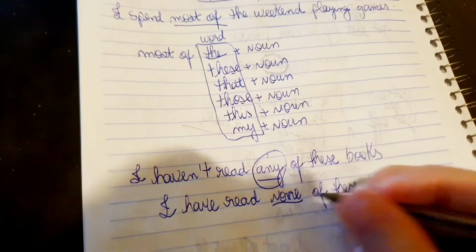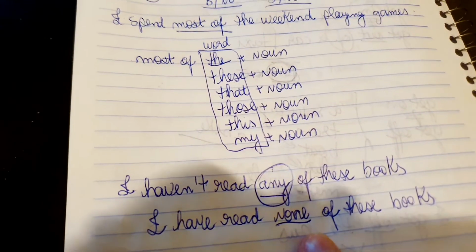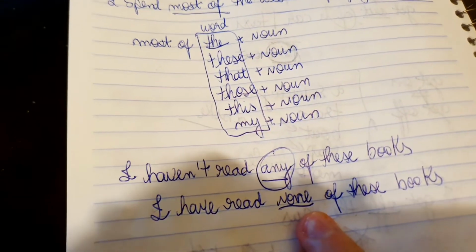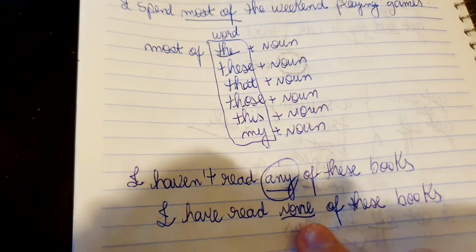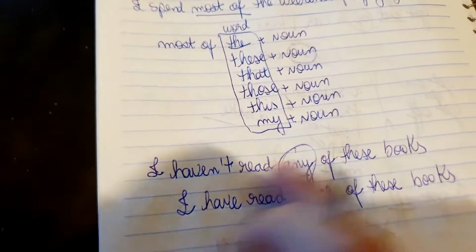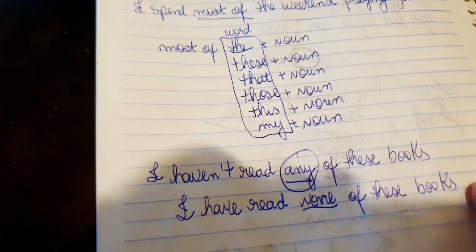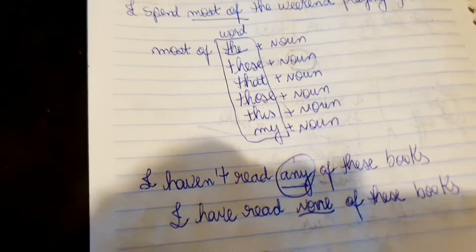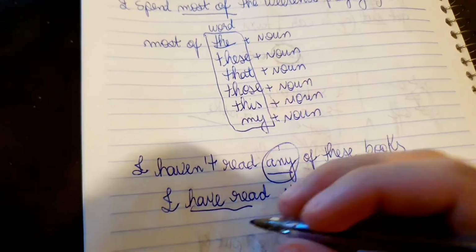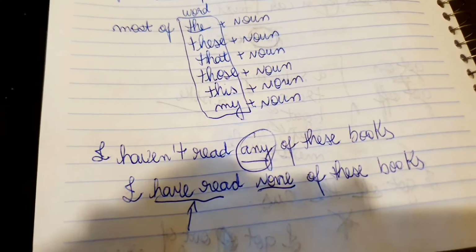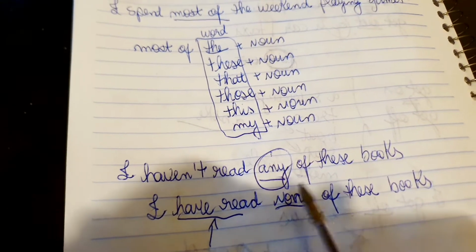None conveys a negative meaning. So when you employ none in a sentence, it means that the idea you want to deliver here is negative. So the whole sentence is negative, although the verb is not in negative mode. Okay? Pay attention.